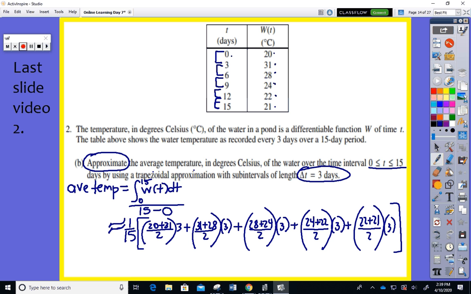Now, remember, that number 2 would also be a calculator problem, so you could just start working on your calculator for the rest of that. Let me give you a little hint. On the AP exam, if you are done at this point, once you've got it set up to where it's nothing but a numerical expression, all you'd have to do is add, subtract, multiply, divide, nothing else.